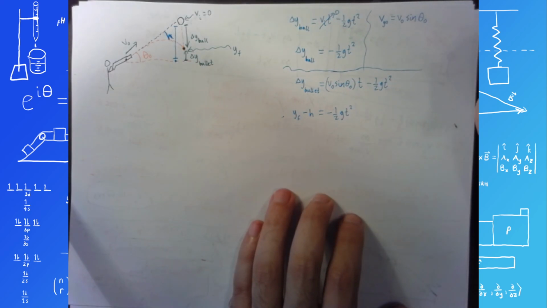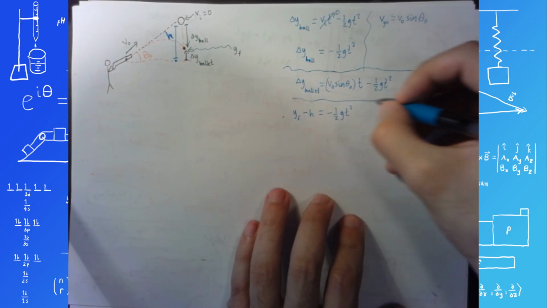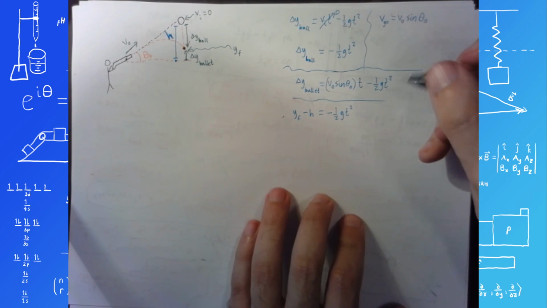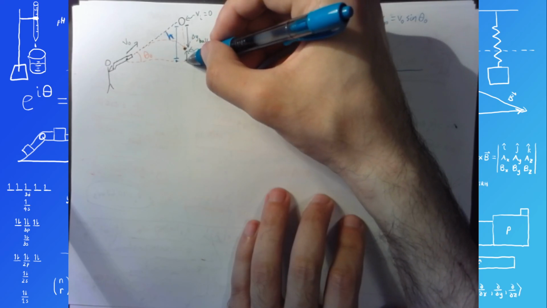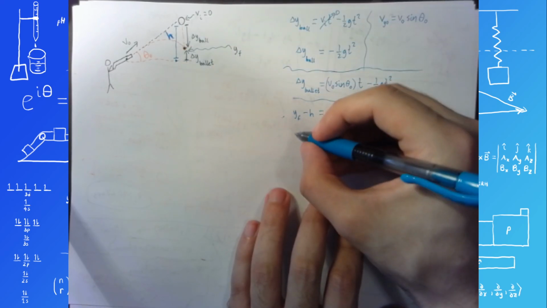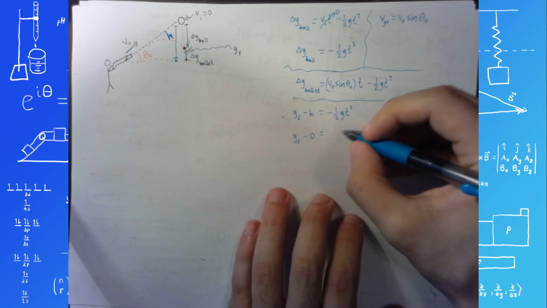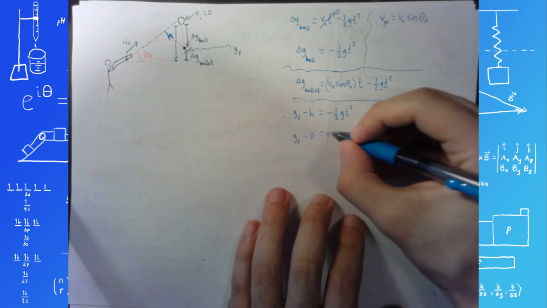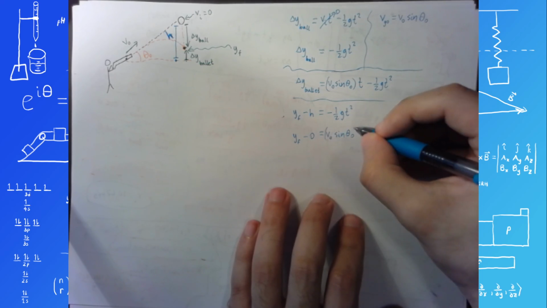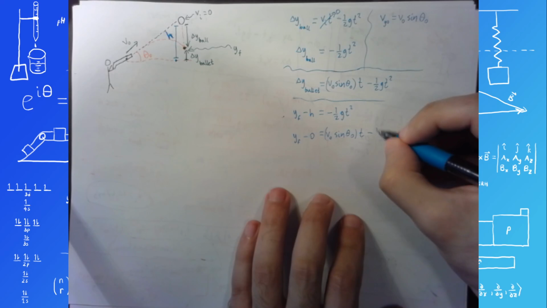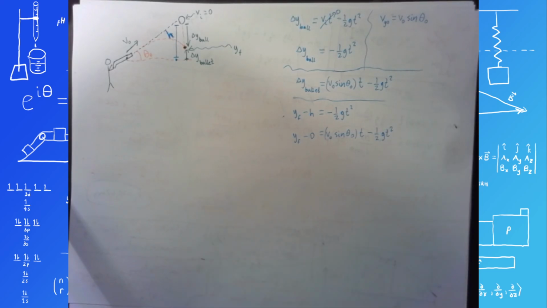And then for the bullet, delta y bullet would be y final for the bullet minus its initial height, which is 0. So y final minus 0 equals V0 sine theta 0 all times t minus 1/2 g t squared.